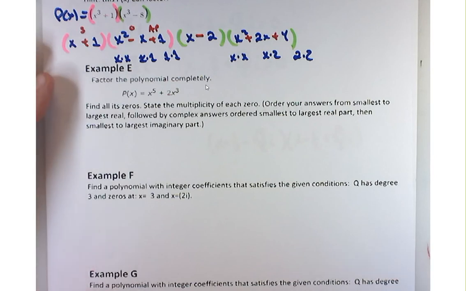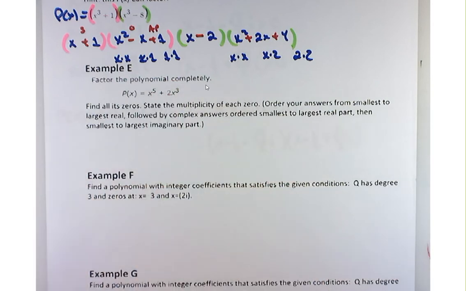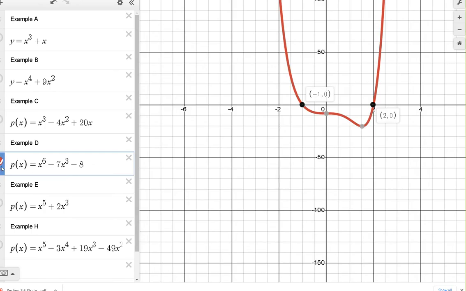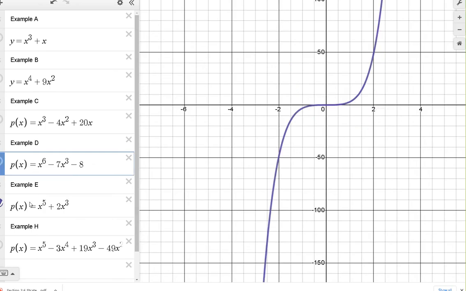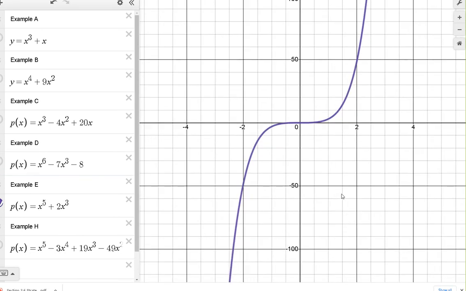It says factor the polynomial completely. And I know a couple of you might be gun shy, particularly after the very first problem, but let's take a look at this one. We've got 1 real root. Is that a bounce, wiggle, or straight through?